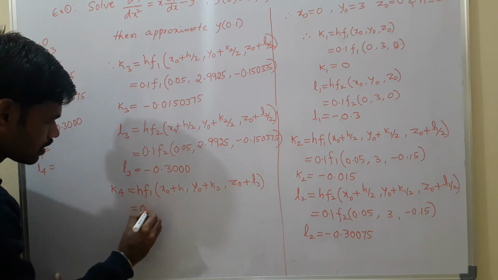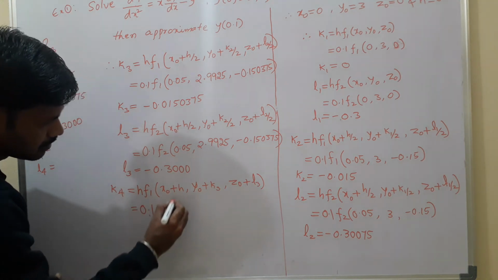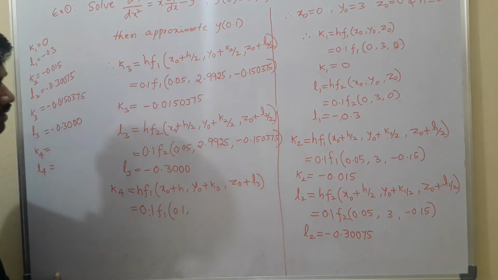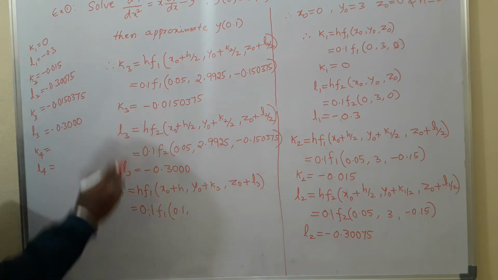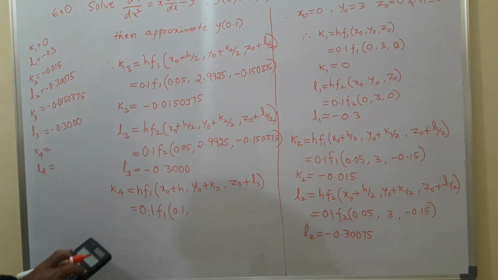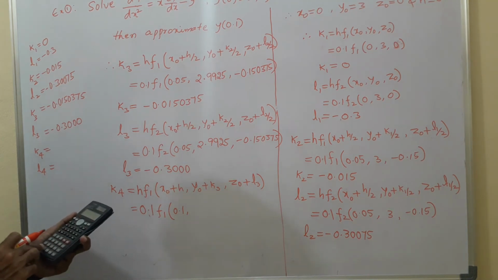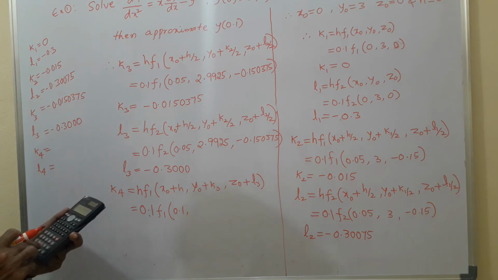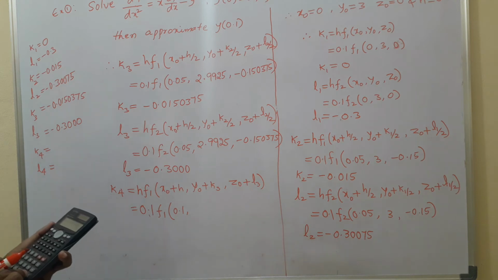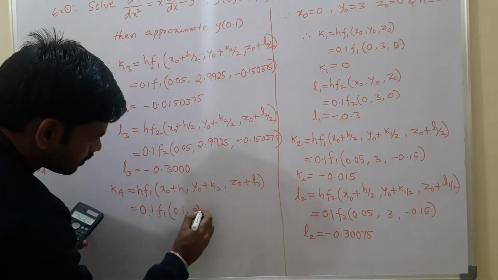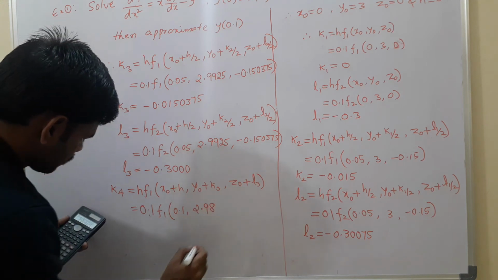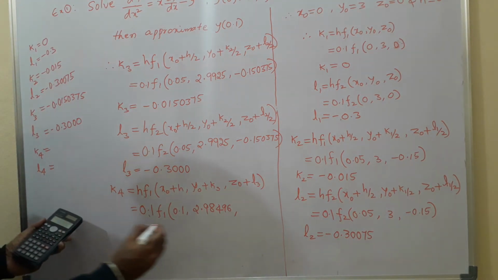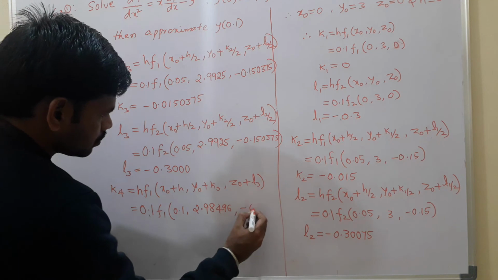So that is equal to 0.1 F1, x naught plus h is 0.1, y naught plus K3, y naught is 3, K3 is this one, 3 minus 0.0150375, that is 2.98496, z naught is 0 plus L3, L3 is minus 0.3.